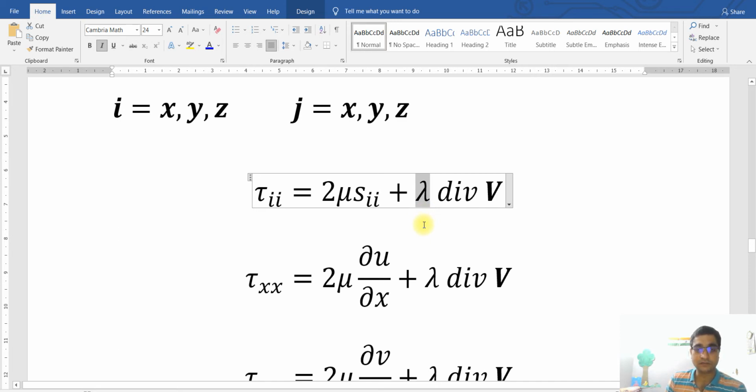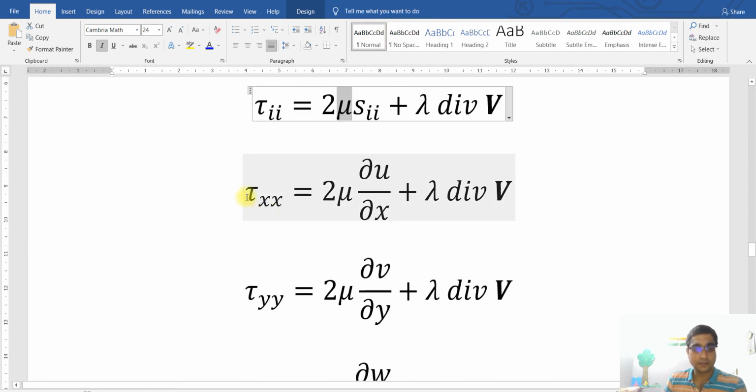There is not much information about this secondary viscosity of the fluid. However, you can find in the book of Hermann Schlichting that they took the value of lambda equal to minus 2/3 of mu. I think this is the experimental result.